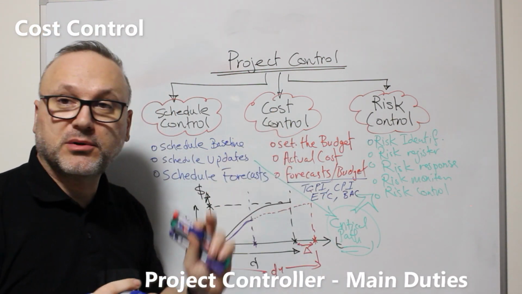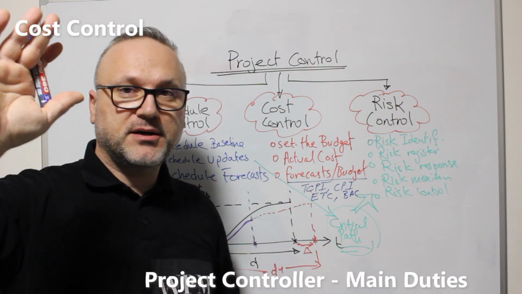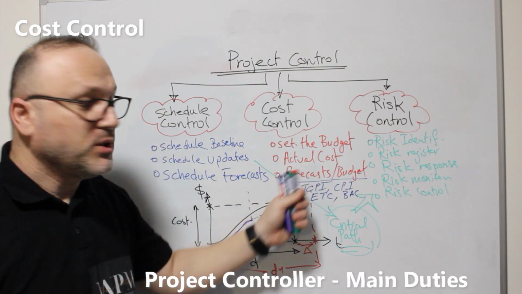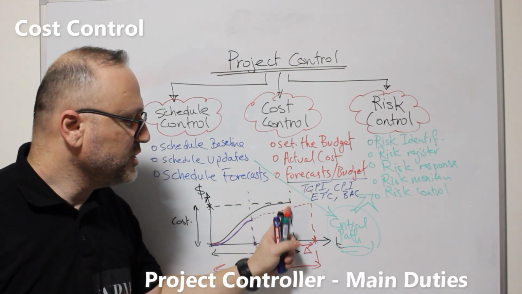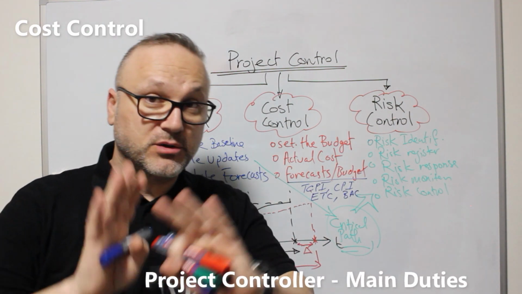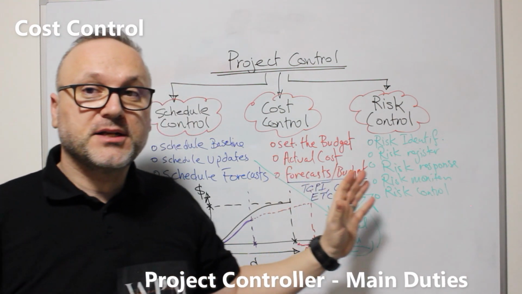The cost control might say, take care, red flag, the project is now finishing over budget, or we have a cost overrun. We are not over budget because we have some contingency, the management contingency reserve.